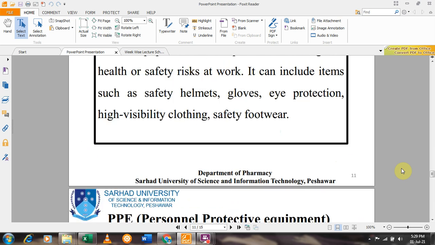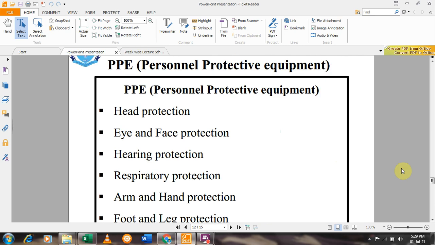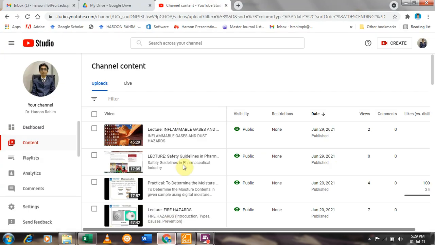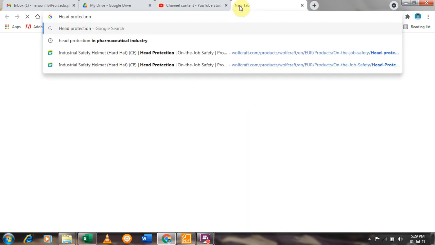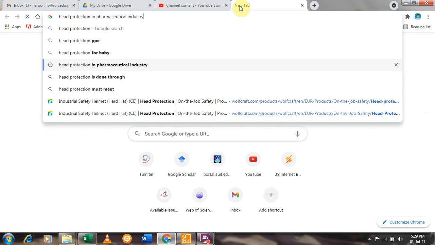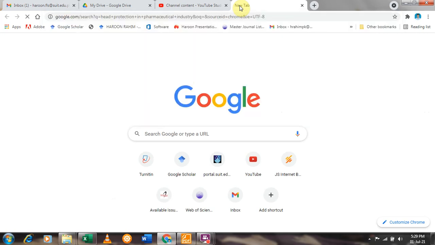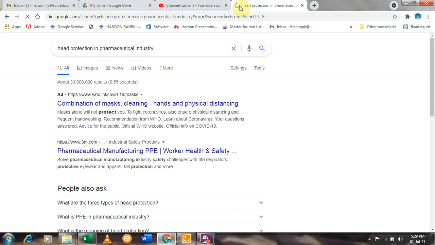while attempting the personal protective equipment, you can see on the screen the head protection. If you search for head protection in the pharmaceutical industries, then you can find a number of head protection or head and face protection devices.